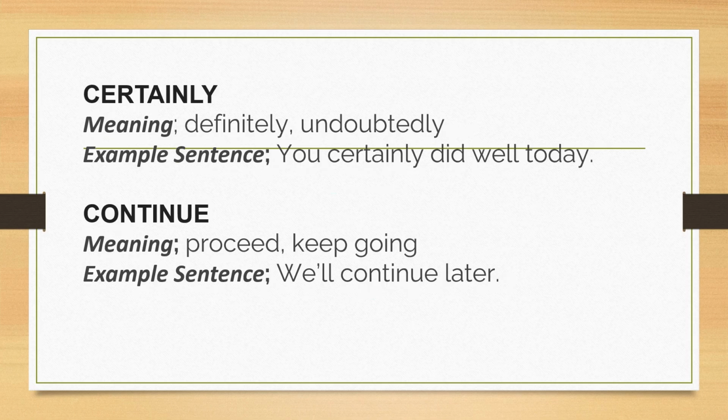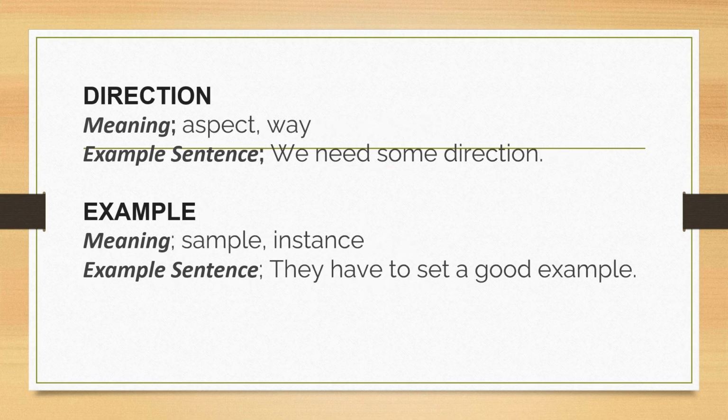Next, certainly meaning definitely and undoubtedly. Example sentence: you certainly did well today. Continue meaning proceed and keep going. Example sentence: I will continue later. Direction meaning aspect, way. Example: we need some direction.